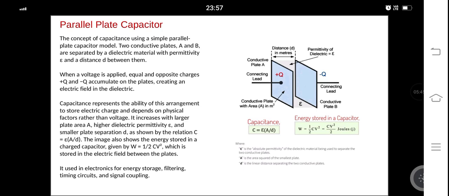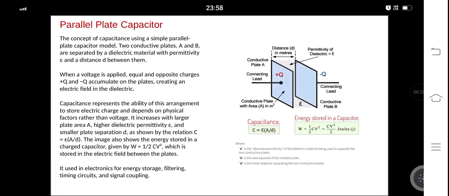So let's discuss the parallel plate capacitor. Both the plates, anode and cathode, are parallel, having a distance d, and the area of each parallel plate is A, that is called the area of cross section. Here are the two main things you have to remember.